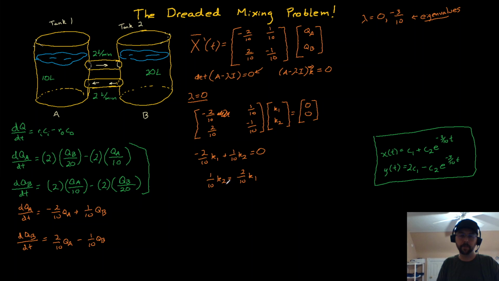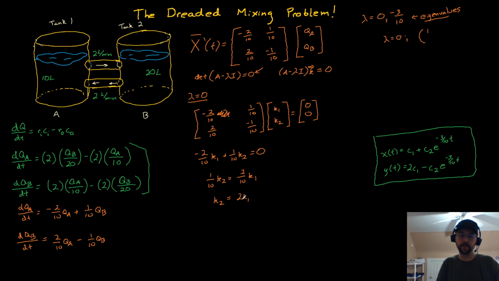Then we're going to multiply both sides by 10. We have k2 equals 2 k1. Now if we set k1 equal to 1, I'm going to save this information up here. So when lambda equals 0, that's our eigenvalue. Our eigenvector is going to be, let's try plugging in a 1 for k1.